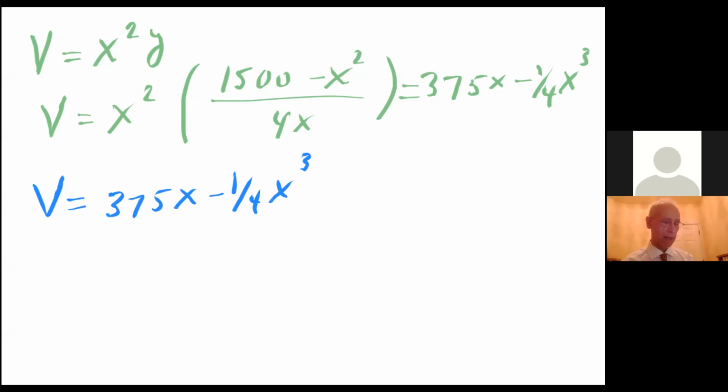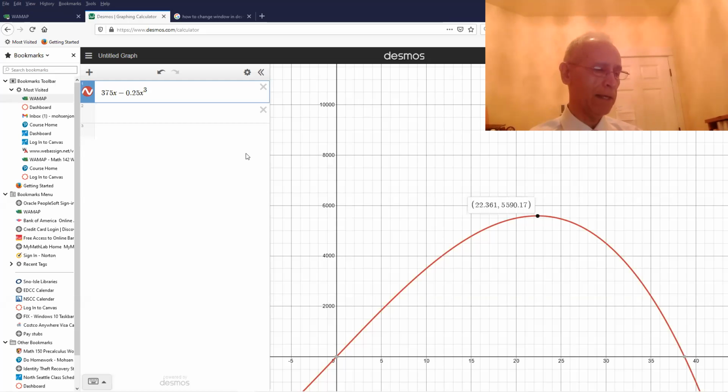I'm going to disengage my iPad so that I can show you my screen again. Okay, so let me share screen and go to Desmos. All right. So what you see here is 375x minus 1/4 of x cubed, or minus 0.25x cubed.